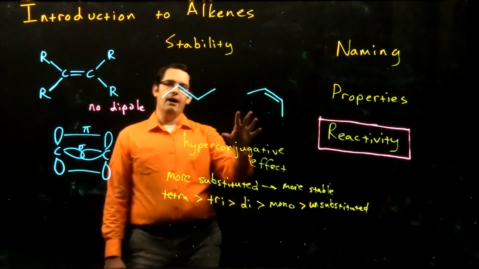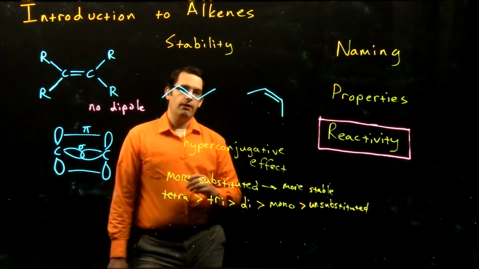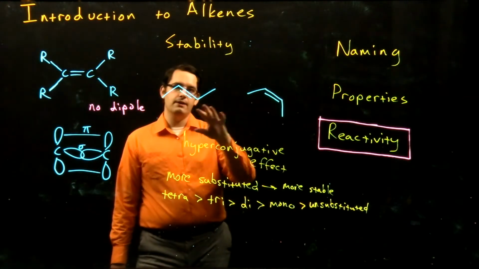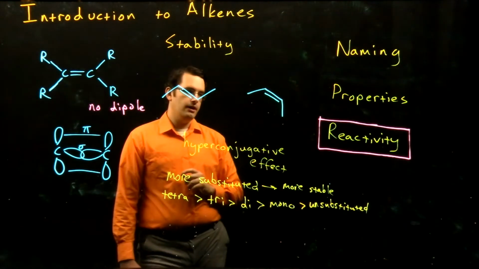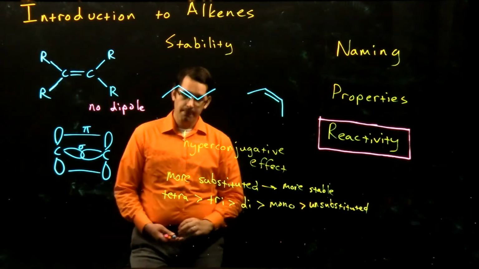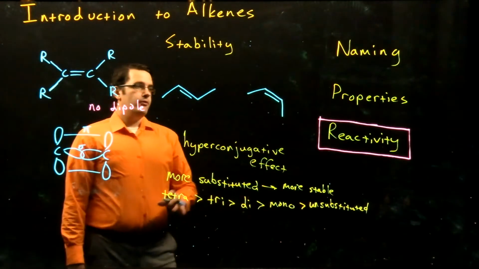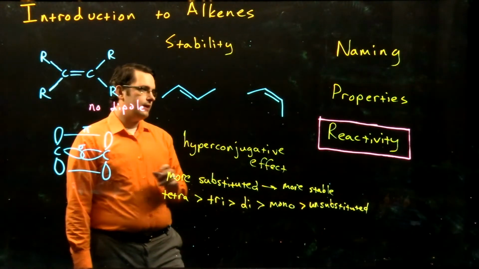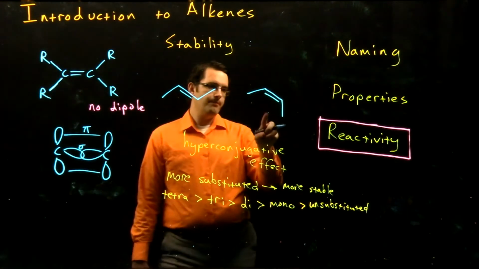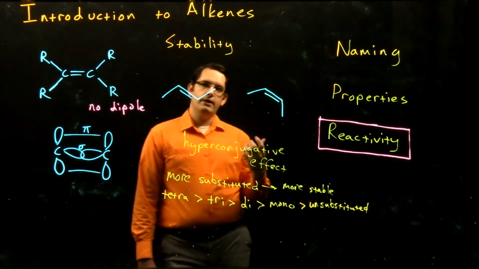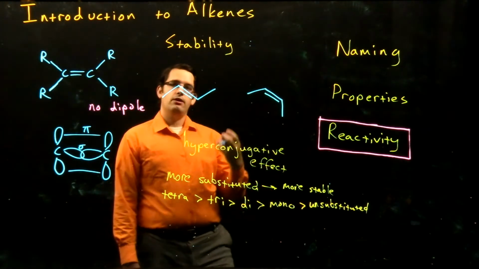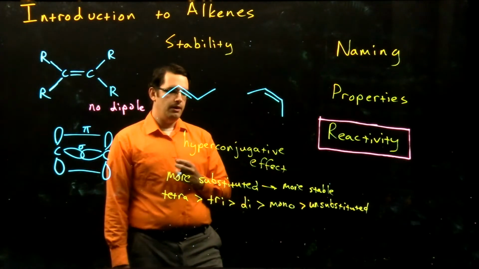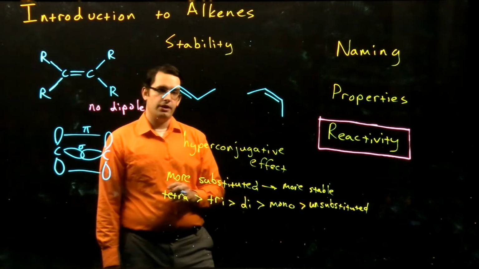However, we also have an additional factor to consider here, right? The effect of the trans versus cis diastereomer orientation. Now, in order to consider the effect of this orientation on our stability, we need to take a closer look at our structures. And of course, we want to think here about crowding of our molecule as well as this hyperconjugative effect.